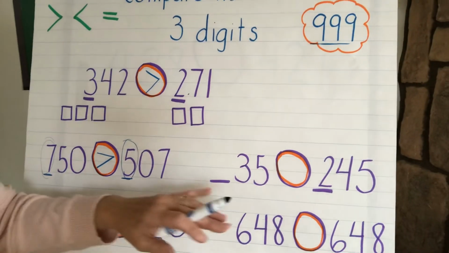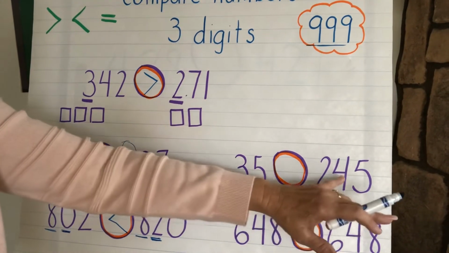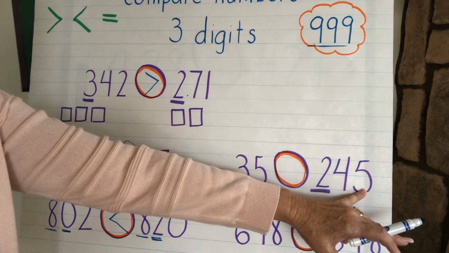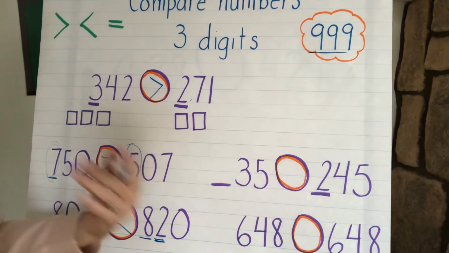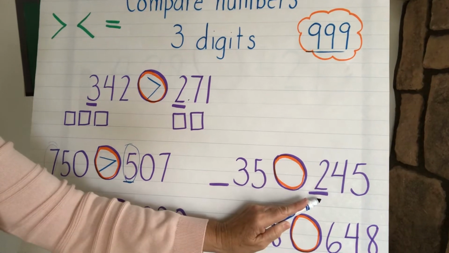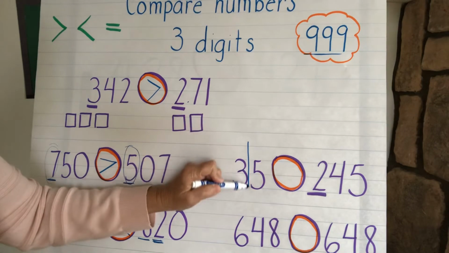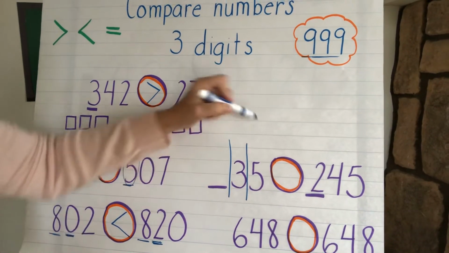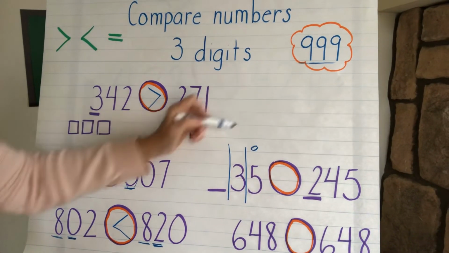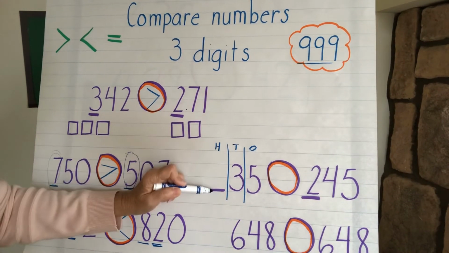Let's look over at this example right here. We are looking at 35 and 245. So again, think about the hundreds. In this number, how many hundreds are there? Exactly, there are 2. In this number, I'm going to draw my lines because that always helps me. This is the ones, this is the tens, this is the hundreds. How many hundreds are there?